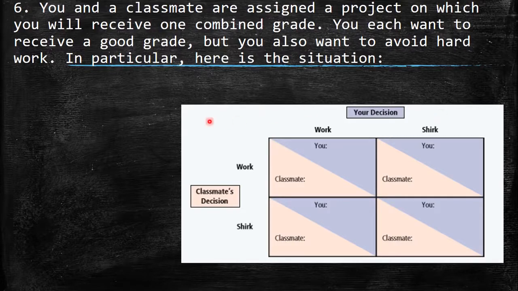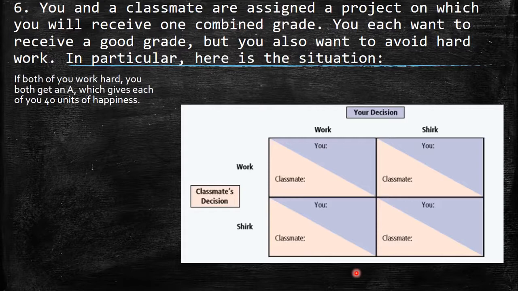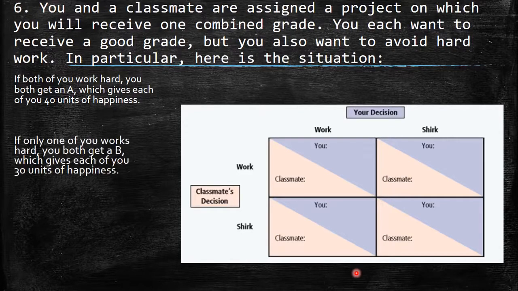So here is the matrix of payments that is provided by the book, and we need to fill it in, right? We're going to discuss a little bit about that afterwards. So first situation: if both of you work hard, you both get an A, which gives each of you 40 units of happiness.